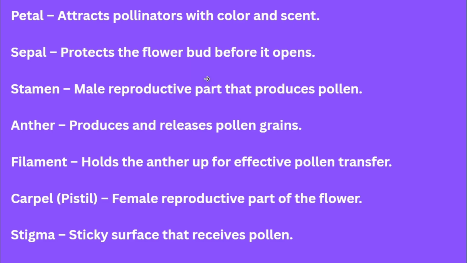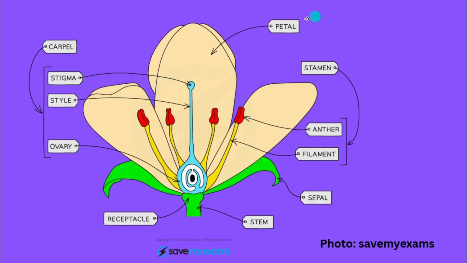The first one, the petals, attract pollinators basically with their scent. So let me just go back on here. This is the petal that you see, and so they attract pollinators.